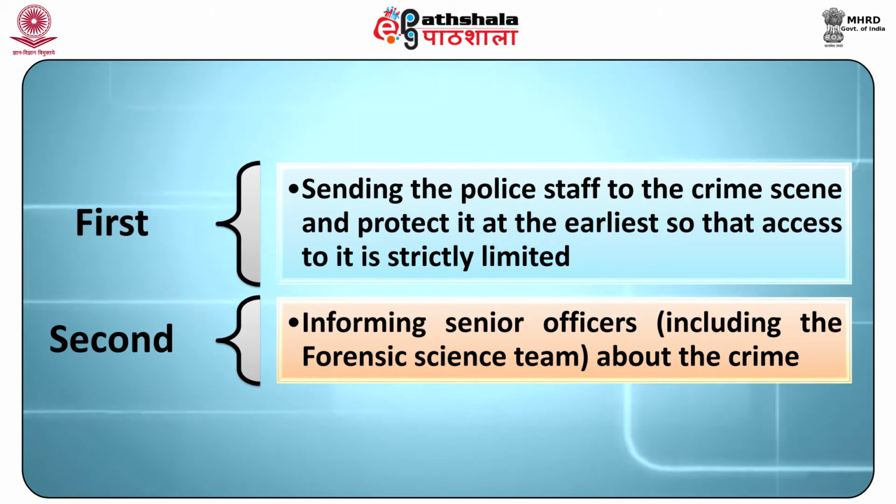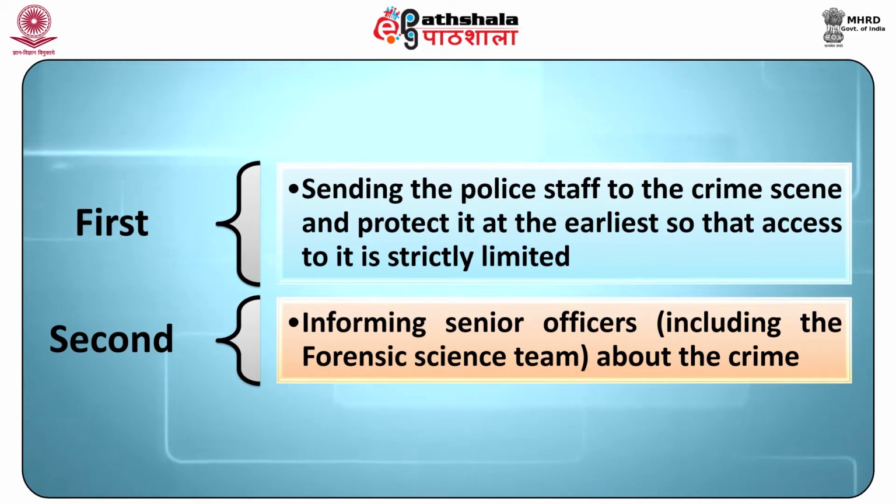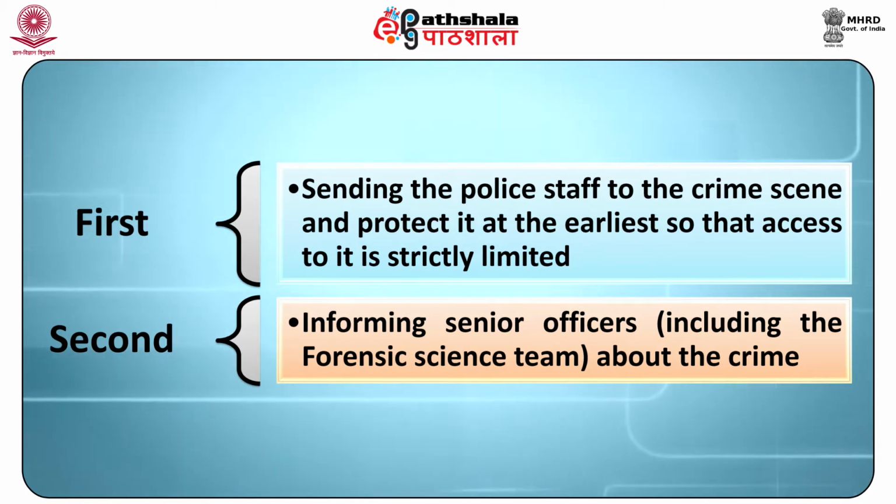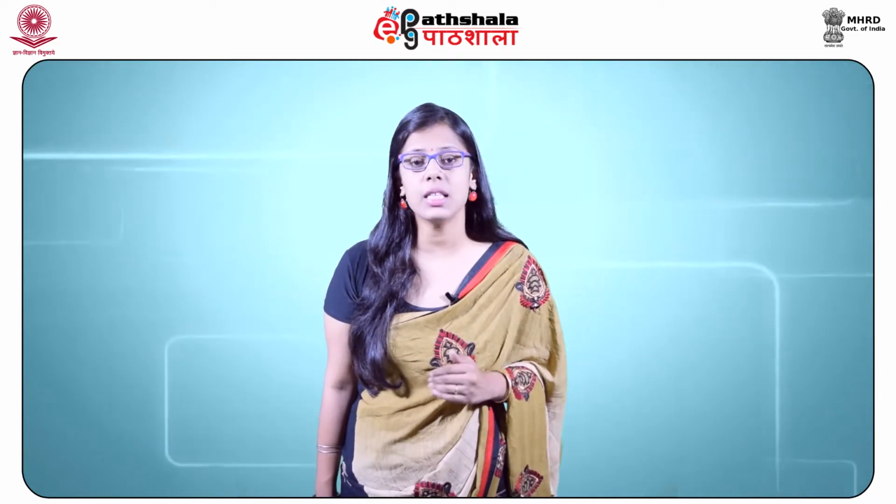Second, informing senior officers, including the forensic science team, about the crime. Certain problems, however, remain, and serious mistakes are commonly made at the first stage. Such mistakes are often irreversible and have the potential to compromise or spoil an investigation, jeopardize a prosecution, or effectively deny a defendant due process.